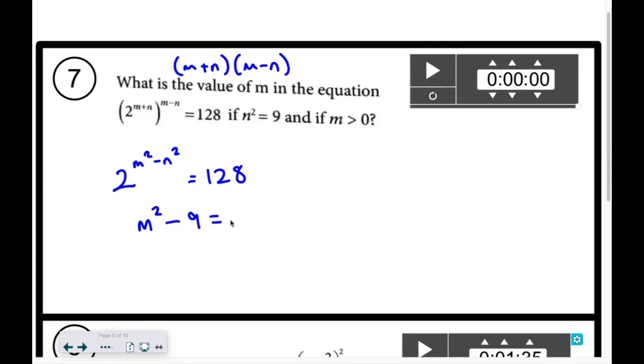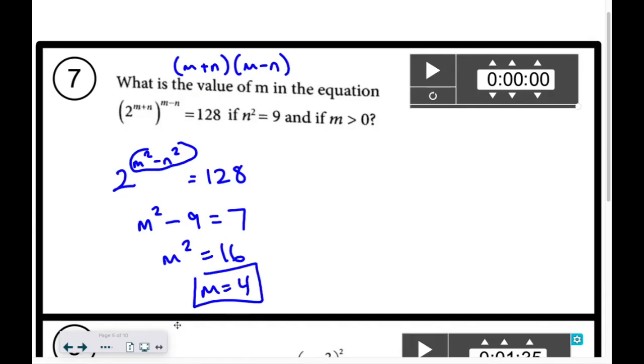I said 128, but I meant 7, because 2 to the 7th is 128. So m squared minus 9 is 7. Pretty simple. m squared would equal 16. So therefore, m is equal to 4. And that's your final answer.